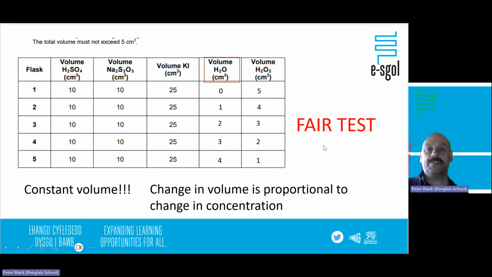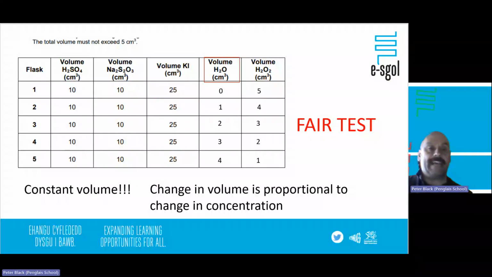It makes it a fair test, which I hadn't really thought about, to be honest, until I did. So what does that mean? Well, if we don't have a constant volume of 50 centimeters cubed, let's say we were adding this water in, the overall volume here comes out as 50 centimeters cubed, and the overall volume here would only come out as 46 centimeters cubed. So with a lower volume, you've technically increased the concentrations of the sulfuric acid, the thiosulfate, the potassium iodide.